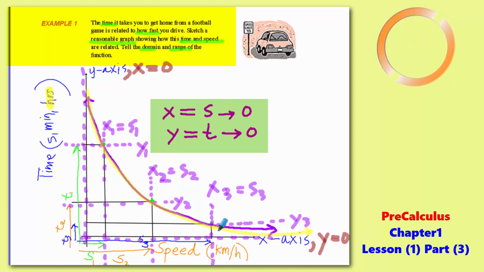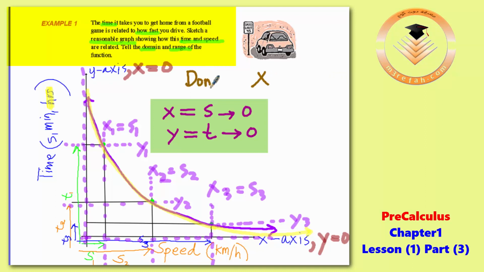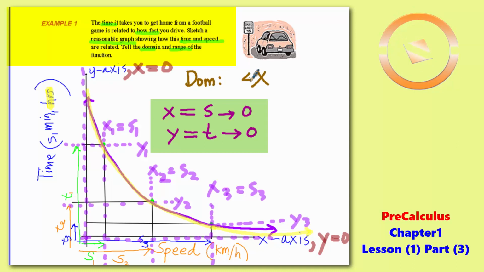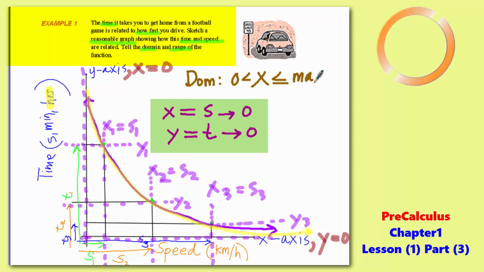So let's get the domain now. Our domain would be from X, this is our domain. What is our X? It would be greater than 0, and it would be less than or equal to the maximum speed limit.